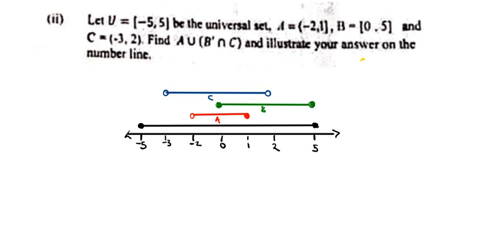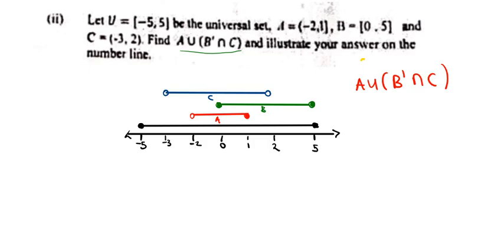Now this one is okay the way it is. We can still solve it, it's still nice the way it is. So I'll bring it here. We say A union B complement, then intersection C. Okay, so that's our question, right?